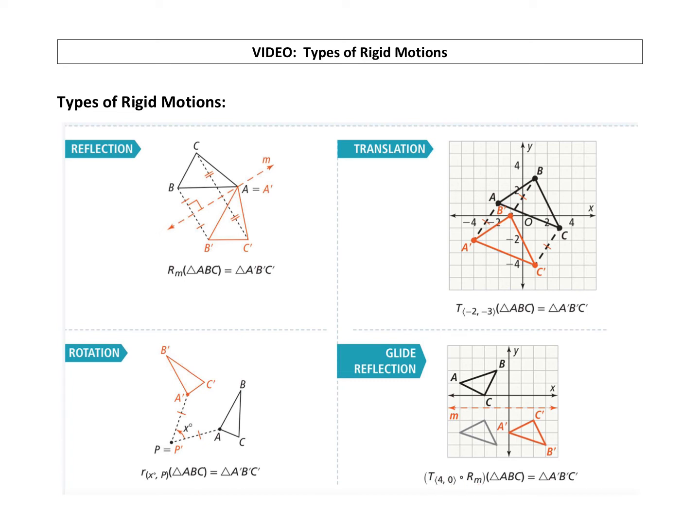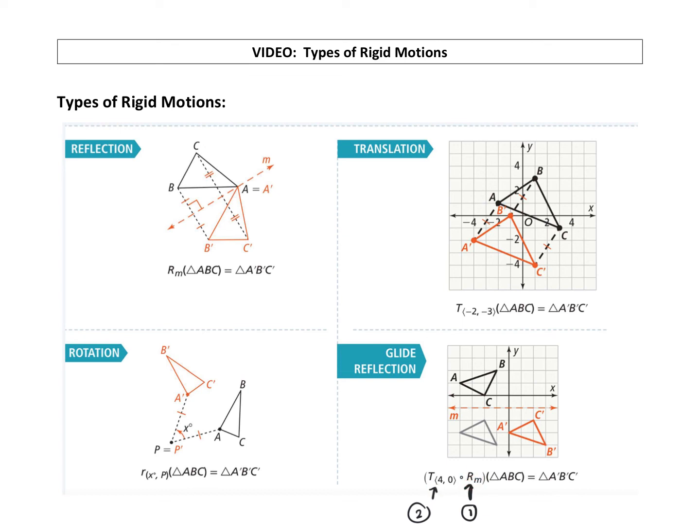But if you were to perform this composition, just a friendly reminder, you would actually do the reflection first and the translation second. So when you do the actual transformations yourself, you have to start with the second one and then do the first one.